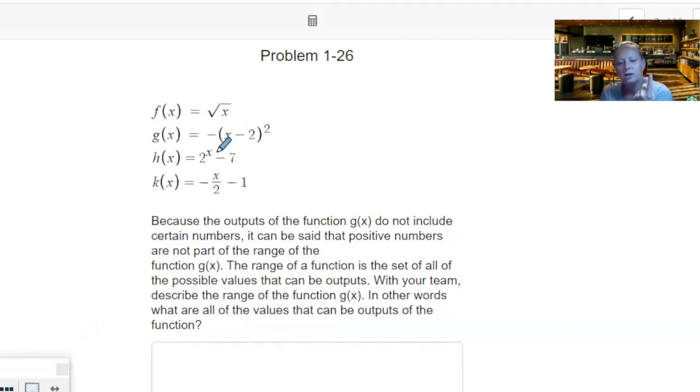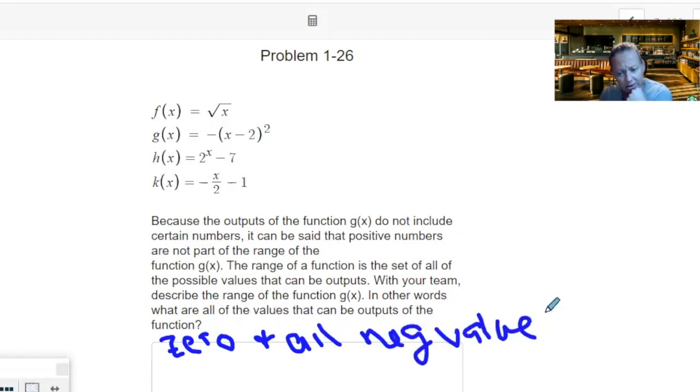Because 0 is that unique number. If I squared 0 and attached a negative, or the opposite of 0, that's still 0. So we're going to include 0 and negative numbers. So the range, if you want to describe it in words, is, we're just writing in words and describing today. We're not using proper notation. I mean, we always can, but that's not the goal of the lesson.